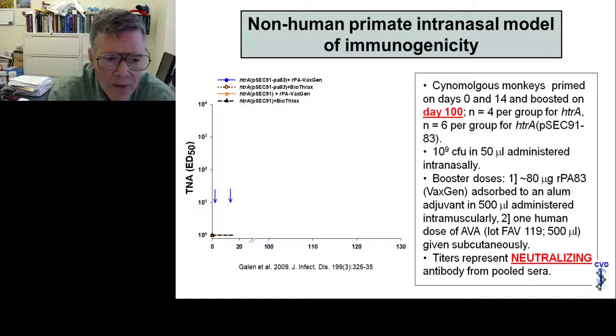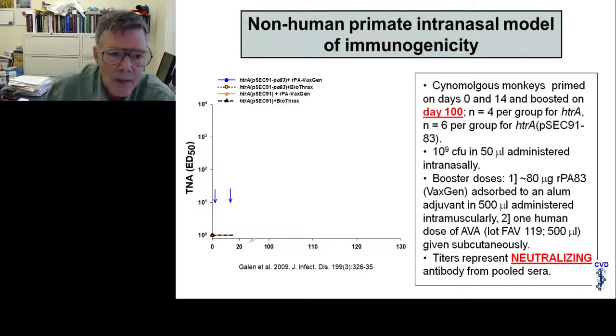All right, so the blue arrows show that after 2 intranasal doses of carrier vaccine, no obvious toxin neutralizing antibody was detected. Okay, but then on day 100, we boosted parenterally with alum adjuvanted PA83, and the immune responses were excellent after that.